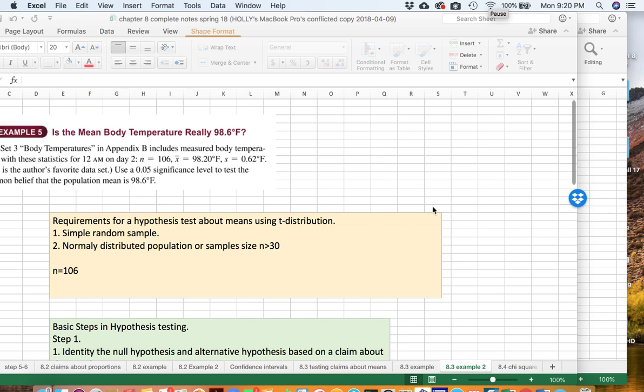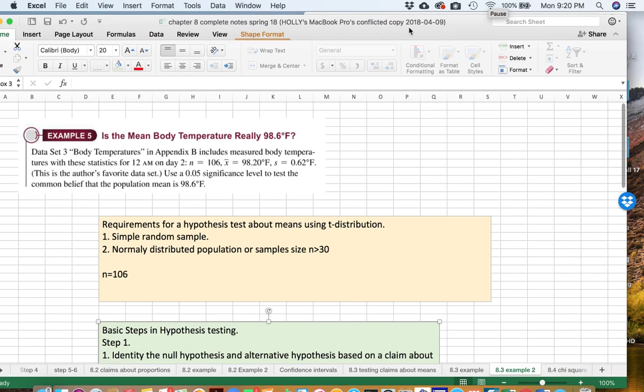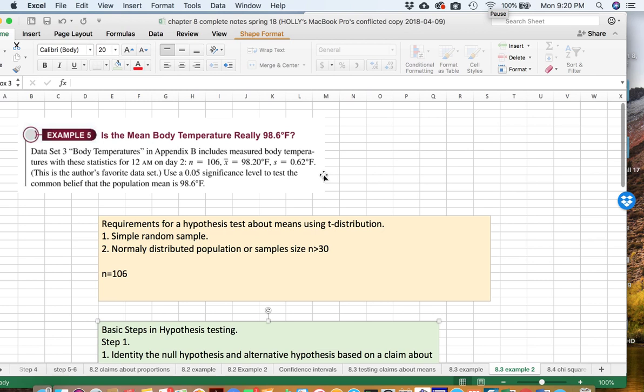Right. I wanted to show you an example from 8.2, which we didn't get to cover in class, which is the t-test for one sample mean. And this is a test about body temperatures. Is the mean body temperature really 98.6 Fahrenheit, as we have always been told?